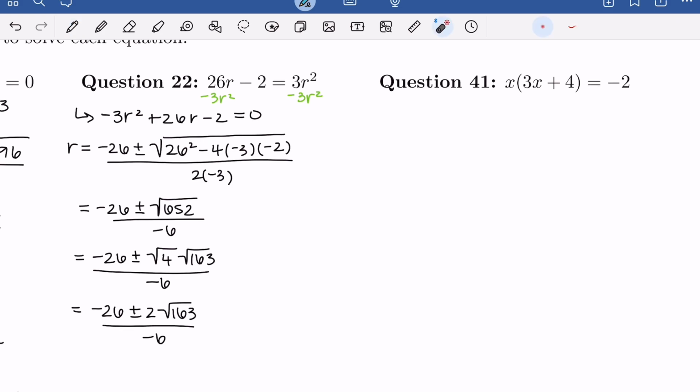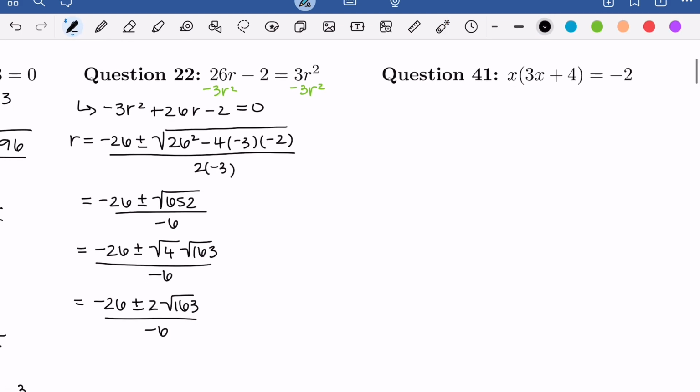So now we can simplify this here. All 3 of these terms share a factor of 2. So if we take that factor out, we're going to be left with minus 13 plus or minus the square root of 163 all over a -3 here. Now notice that we have a negative in our numerator and denominator here, and we also have this plus or minus here. So what we can do is take a negative out of all of these guys.